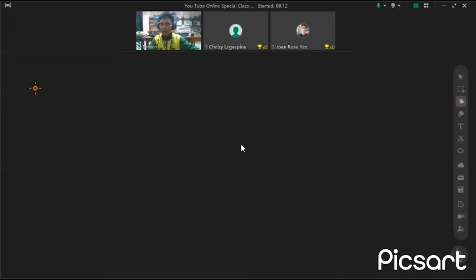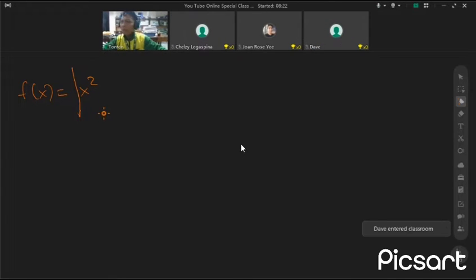From our problem a while ago, we have f of x equals the absolute value of x squared plus 5x minus 6. We will change the f of x to any letter of the English alphabet.